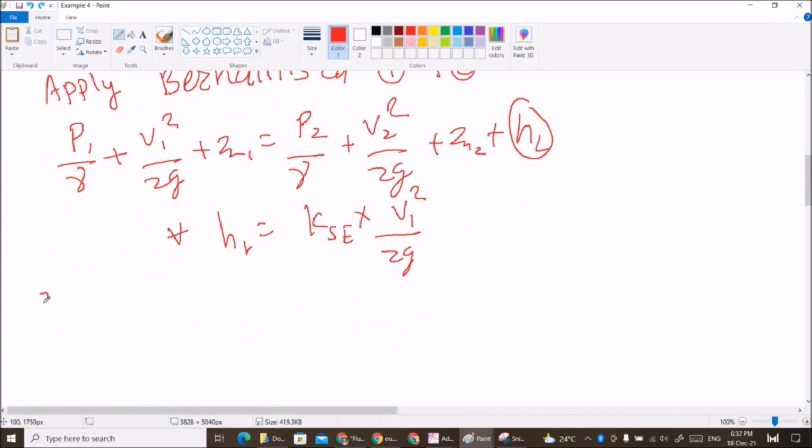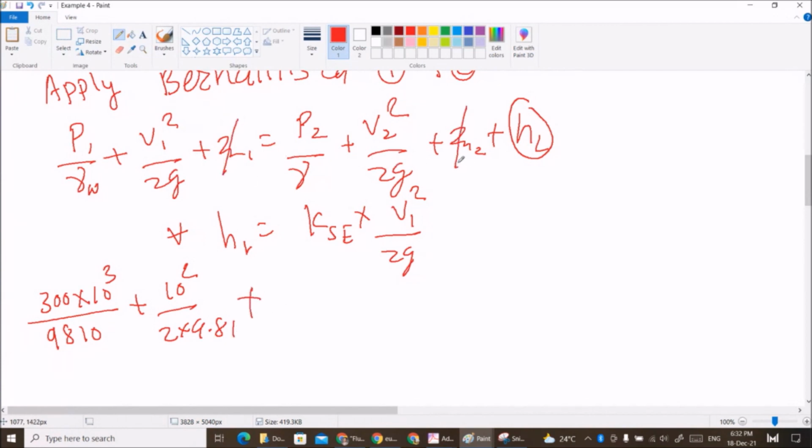P1 is equal to 30 into 10 to the power 3, and gamma for water, since water is flowing, is 9810, plus 10 square by 2 into 9.81 plus Z1.